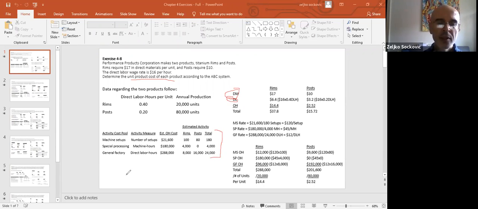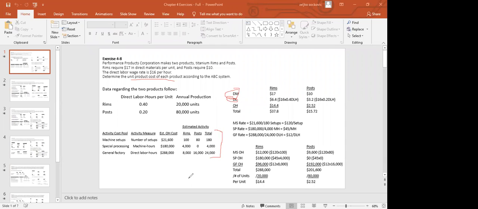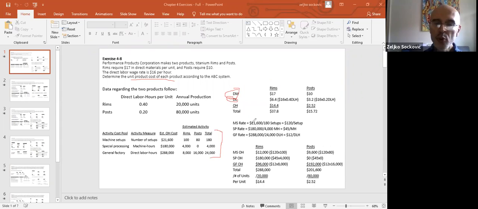You do your job. Everybody gets worked up about ABC because there are so many different activities, and everybody wants to kind of master this, which is great. But then you get, for example, this number of 14.4, and then you get 2.52 for posts.